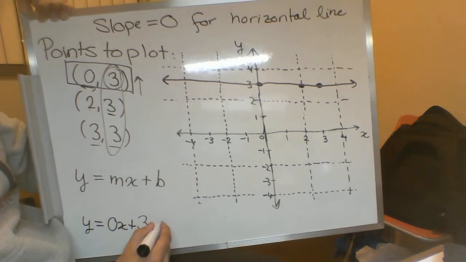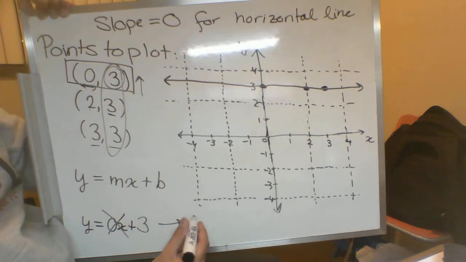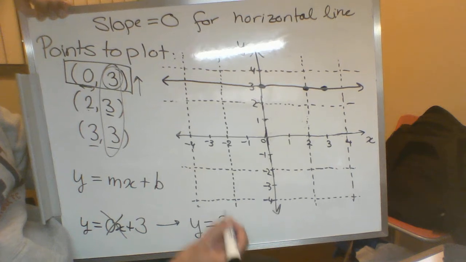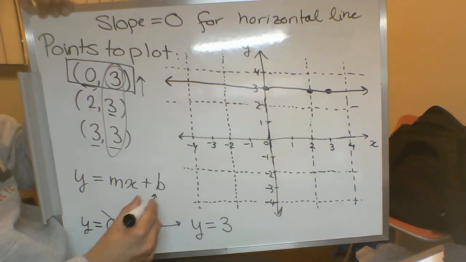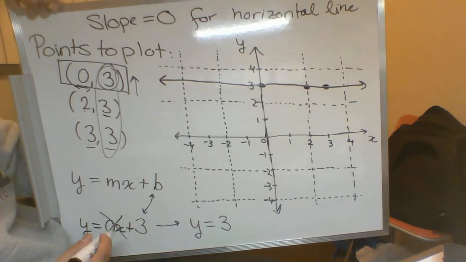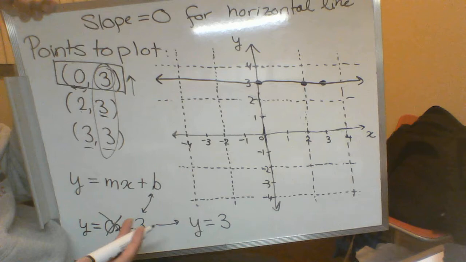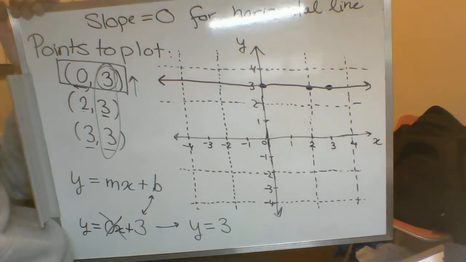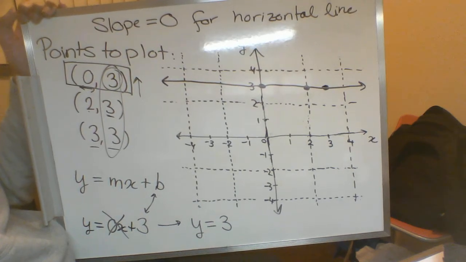So we could just forget about that whole 0x, and we could just say that this equation is y equals 3, where that 3 came from our y-intercept. Remember that our b value is 3, and that's the only thing that survives. The m and the x both disappear because of the slope being 0. So what we're left with is an equation that says y equals 3.